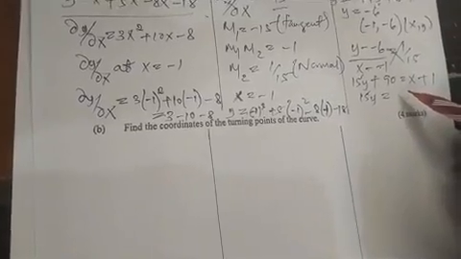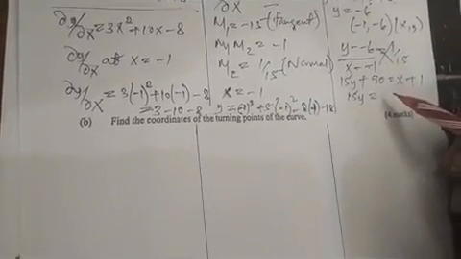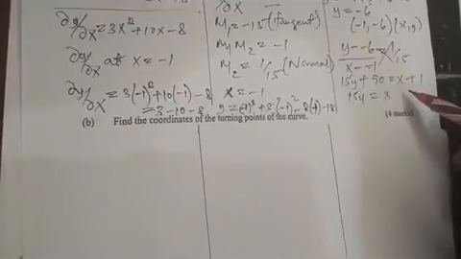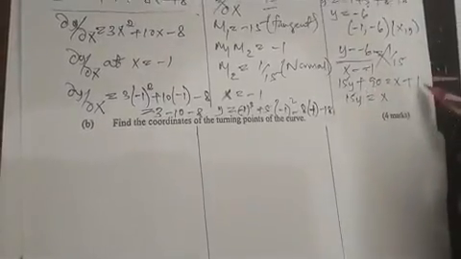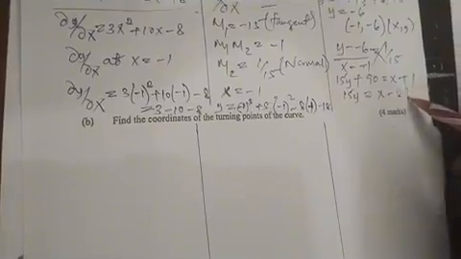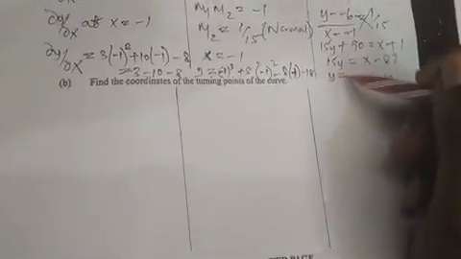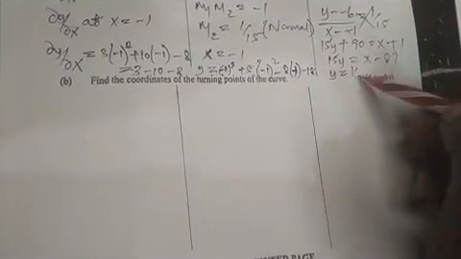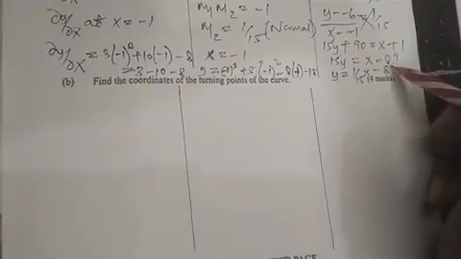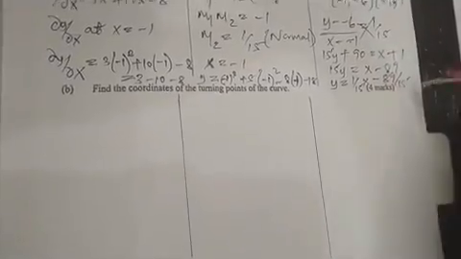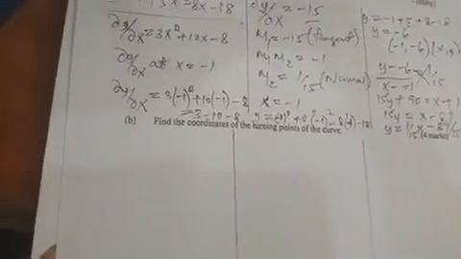So we'll have 15y equals x plus 1 minus 90, so minus 89. So y equals 1 over 15 x minus 89 over 15 as the equation of the normal.